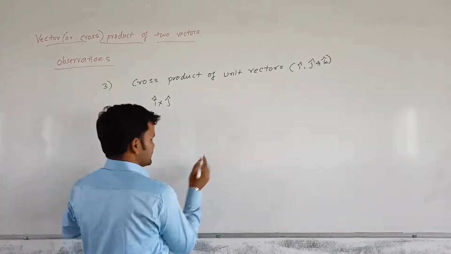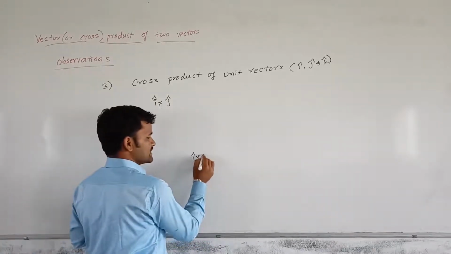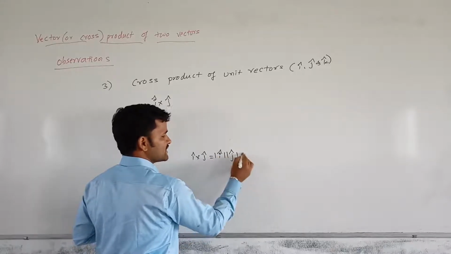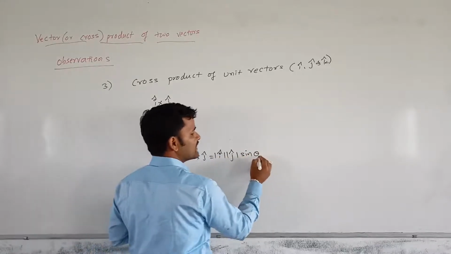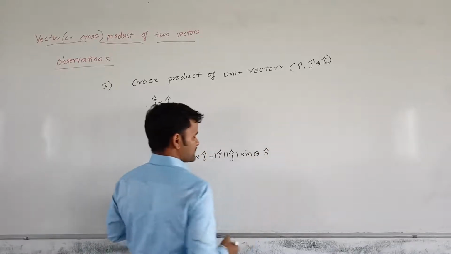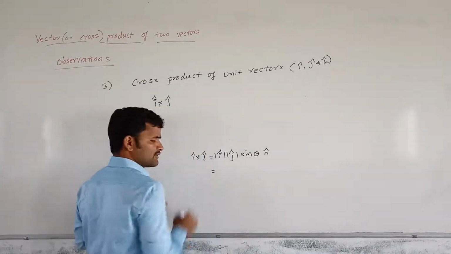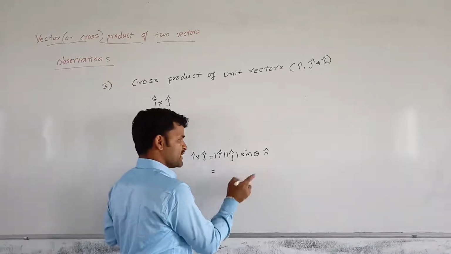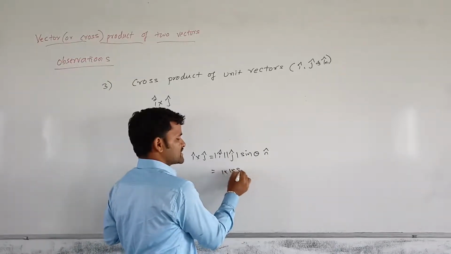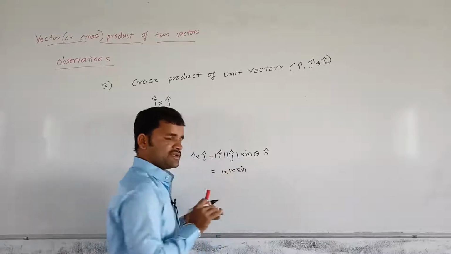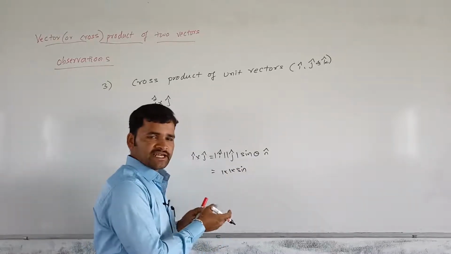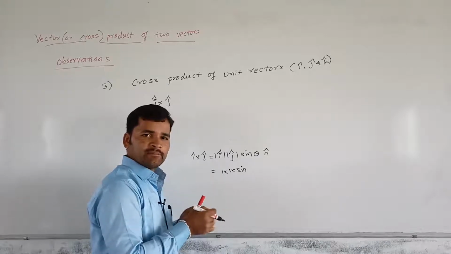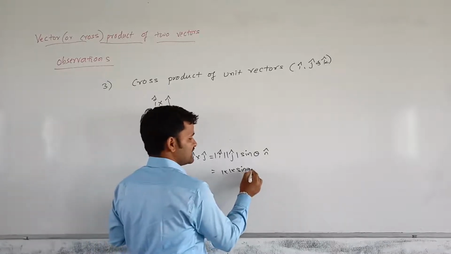What is i cross j? i cross j is equal to magnitude of vector i, magnitude of vector j into sin theta into n cap. The magnitude of i is 1, it is a unit vector, and the magnitude of j is 1, into sin of the angle between i and j. As I told you in the diagram, the x axis and y axis are perpendicular to each other, so sin 90 degrees.